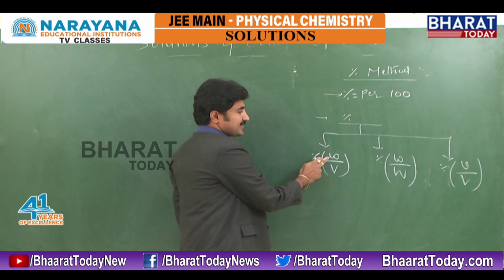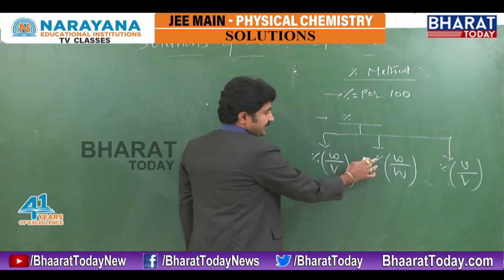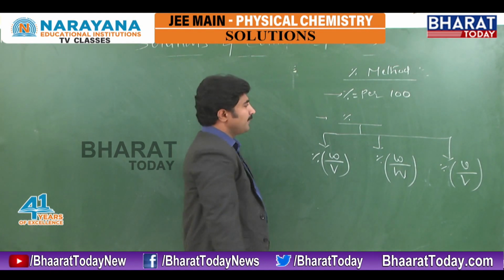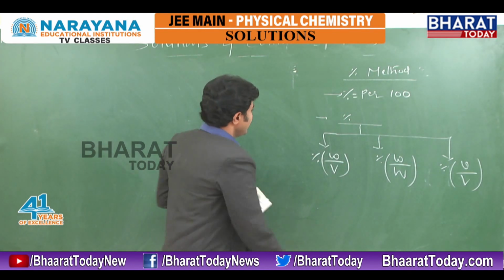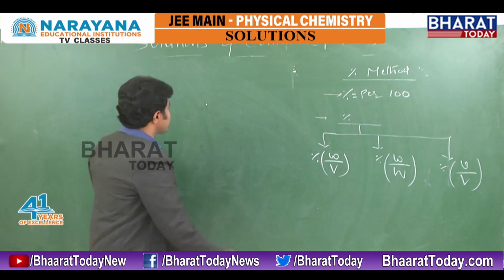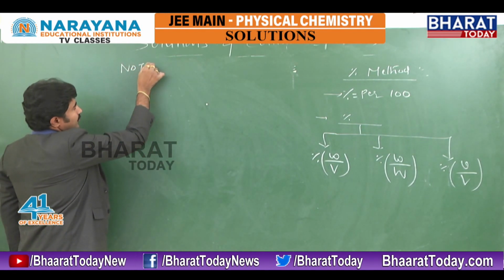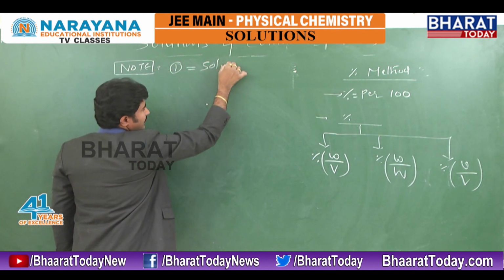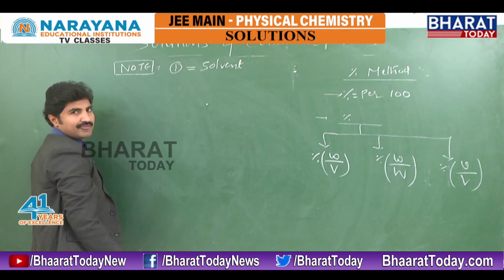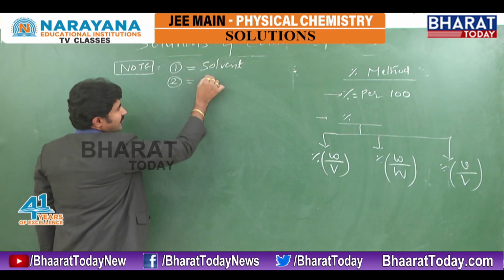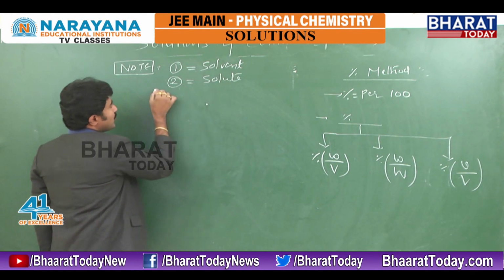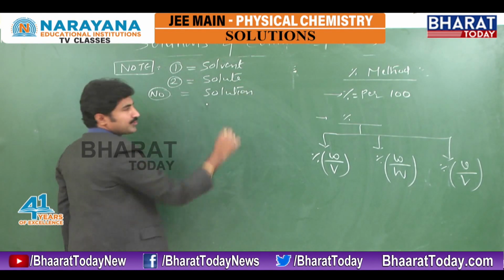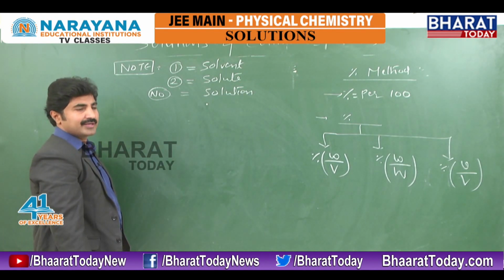In all these concentration methods, I am going to use this terminology. Subscript 1 is used for solvent, subscript 2 is used for solute, and no subscript is used for the solution. I am going to use these denotations for solute, solvent, and solution.